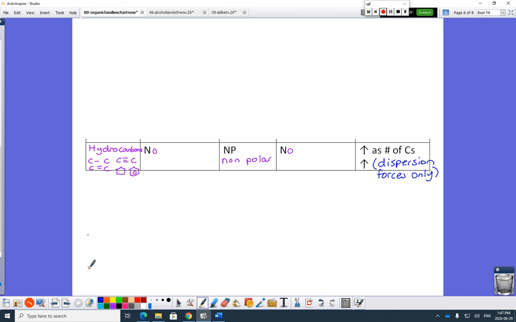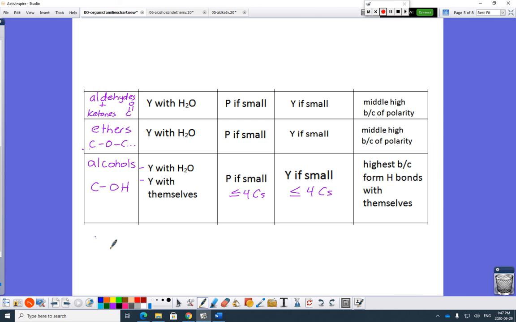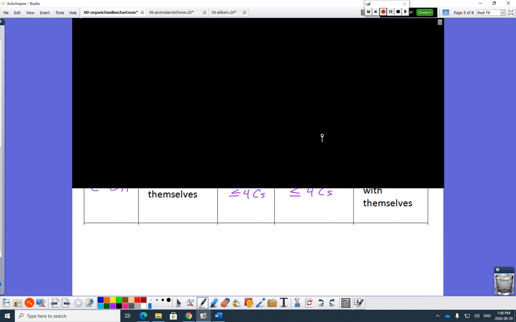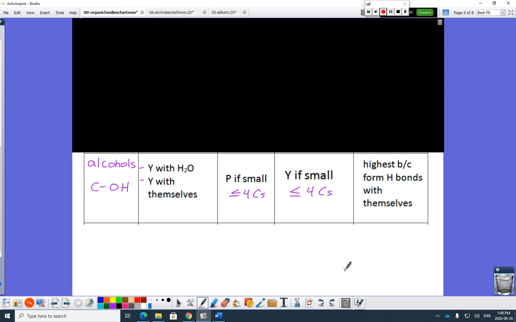Okay, ready? So alcohols, this is Y for yes. Yes, they form with water, hydrogen bonds, and with other alcohols. So if you want, it says if small, that means less than or equal to 4 carbons. And you would see that's sort of a criteria in the note. But if you just want to write small, that's fine.